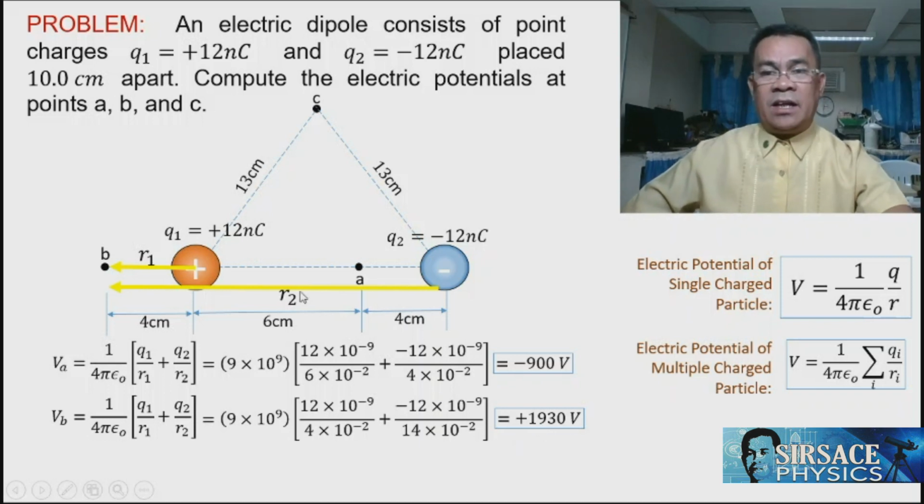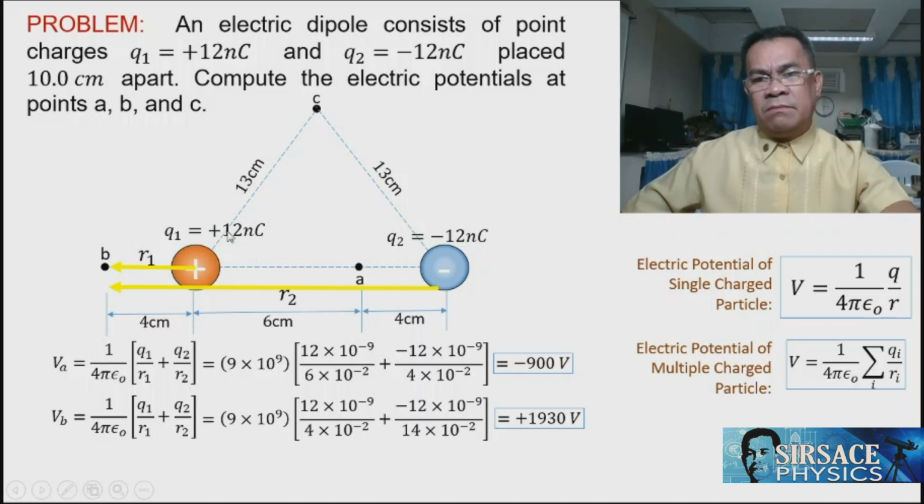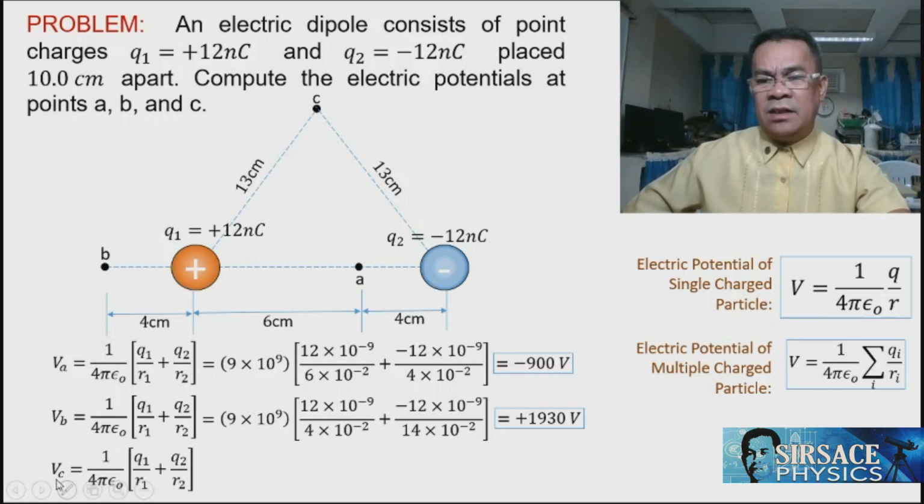Okay. Finally, what is the electric potential at point C, where C is equidistant from charge 1 and charge 2? Charge 1 is positive 12, charge 2 is negative 12. So what will be the potential at point C? Use the formula again: 1 over 4 pi permittivity, Q1 because we are using charge 1, and Q2 because of charge 2.